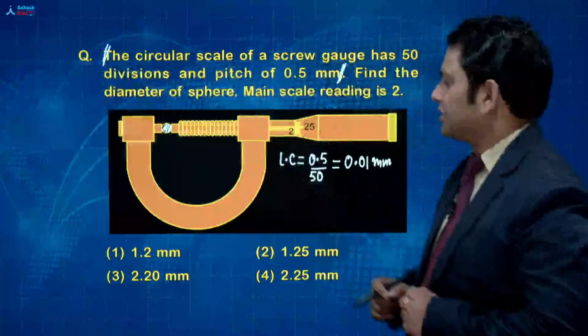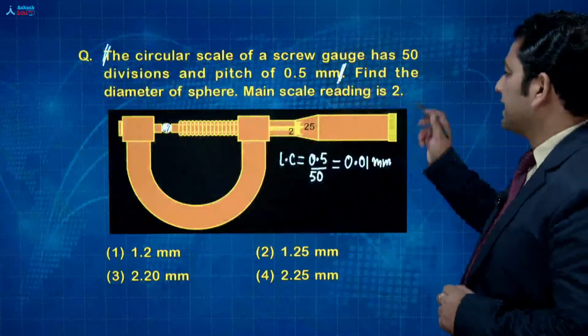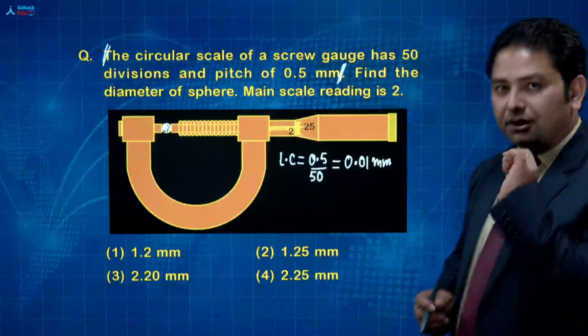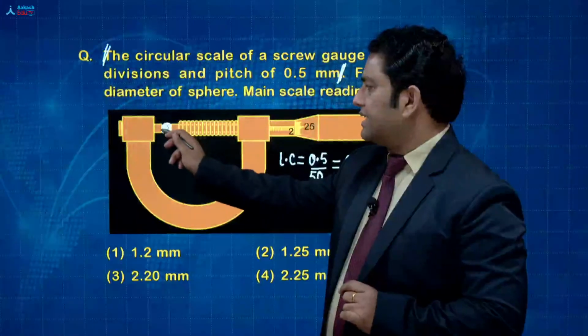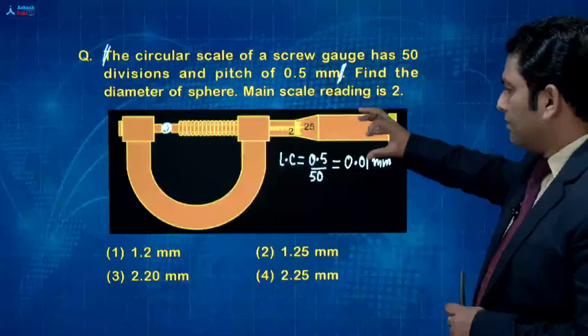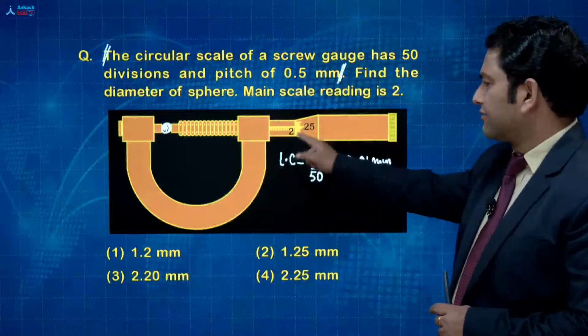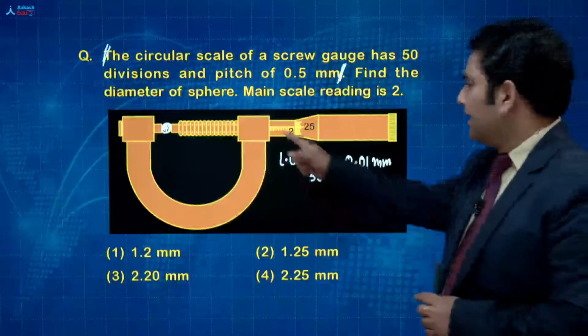Find the diameter of the sphere. Which sphere? The one here. And the main scale reading is 2. Now let's talk about the reading. When this sphere is tightly fitted here, of course, by rotating the circular scale, you could see it is right here in this position. And in this situation, tell me, which division is visible on the main scale?